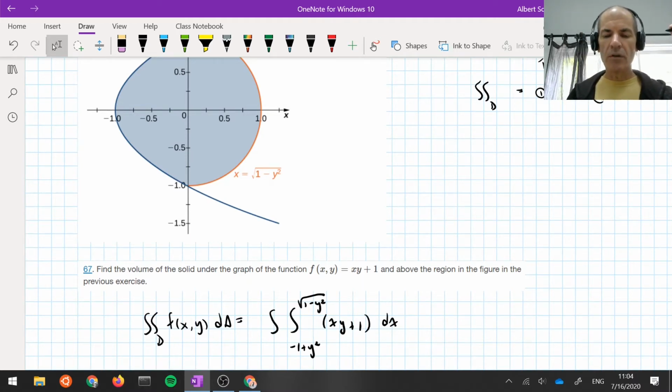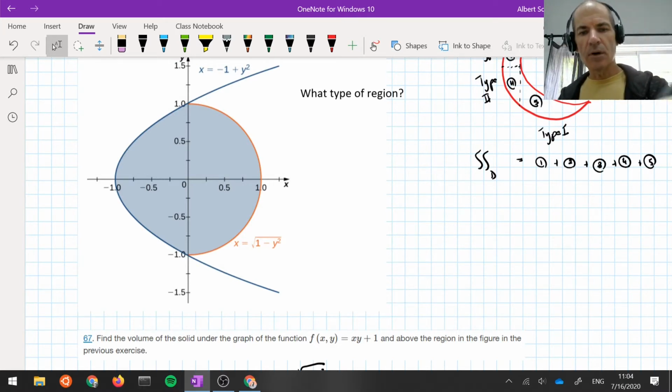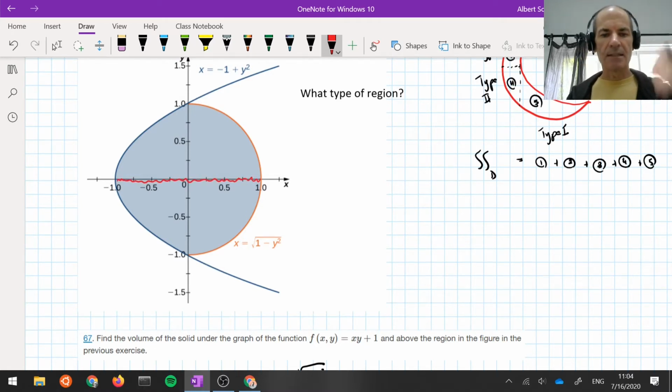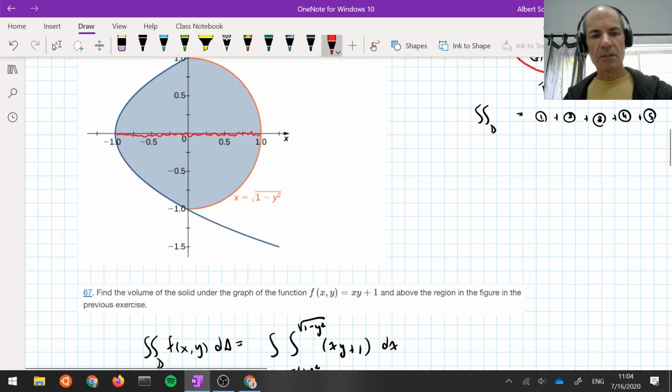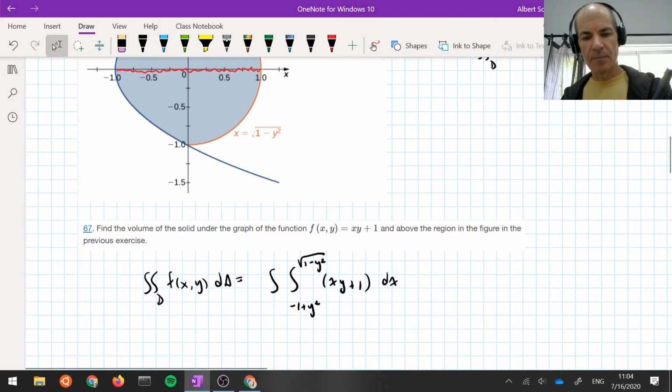Okay, what are the outer limits of integration? Take this figure and smash it down vertically onto the x-axis. What part of the x-axis is going to be covered? Well, if you look closely, you can see that it's going to cover the interval from -1 to 1.